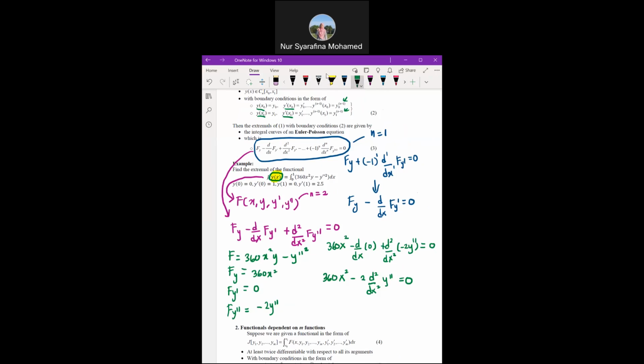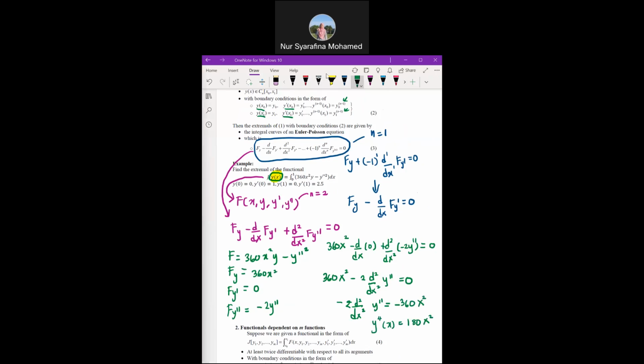From here, we have d squared/dx squared of y double prime equals, dividing by 2, 180 x squared. Differentiating y double prime twice gives you y quadruple prime, equals 180 x squared.